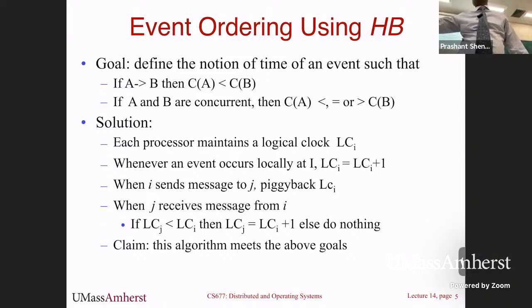Whenever a new event occurs on that process, I'm going to increment the clock and then assign that clock value to that event. It's an integer. If you're just counting sending and receiving messages, those are the only events. Every time there's a send, I'll increment and timestamp. Every time there's a receive, I'll increment it. But you can use any events you care about that you want to track. Those are the events that will increment your local clock.